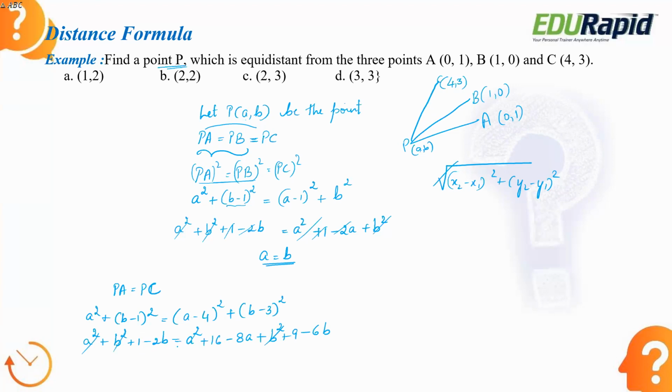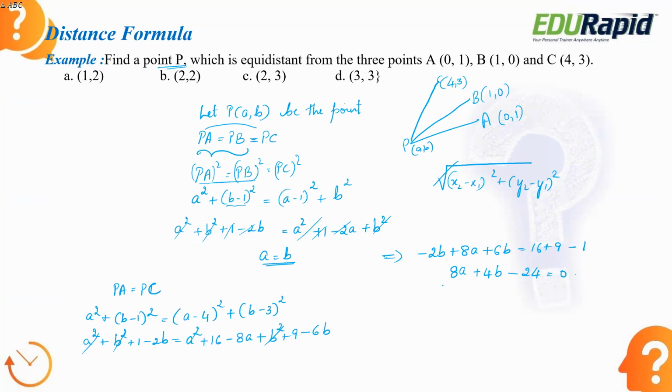So now taking variables to one side, I can write it as minus 2b plus 8a plus 6b is equal to 16 plus 9 minus 1. Am I right? I've taken all the variables to one side and the numerals to the other. So I can write this as 8a plus 4b. And here 25 minus 1 is 24. If I get it to this side, 24 is equal to 0.